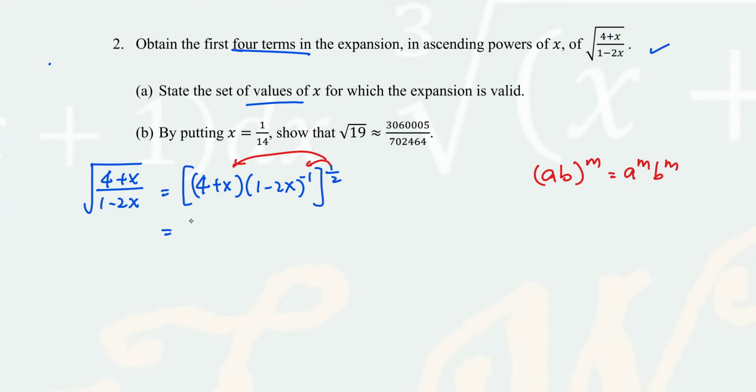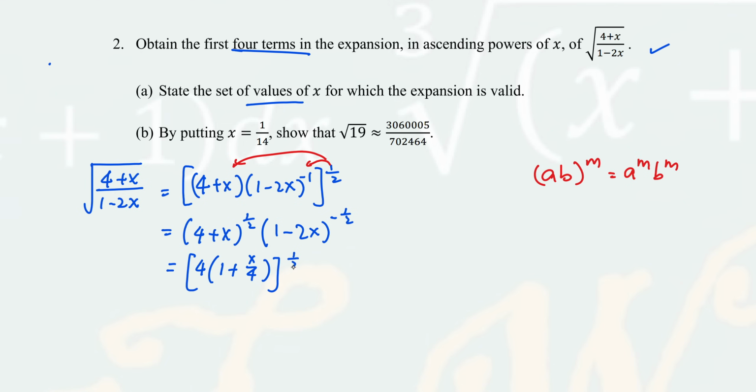So this is going to be 4 plus x to the power half times 1 minus 2x, to the power negative half. Then again, for the formula, it must be 1 plus x to the power n before you do an expansion. So factorize the 4 first, make it 1, so the second term becomes x over 4.